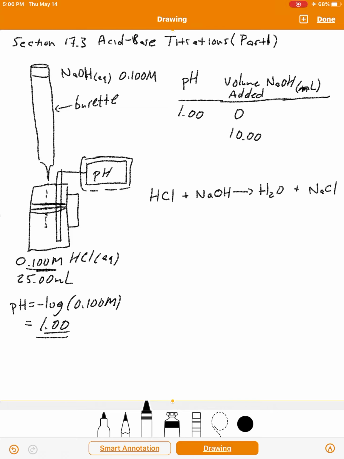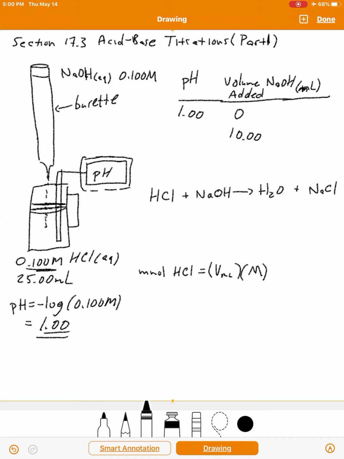Now what I'm going to do is calculate how many millimoles there are of each reactant that we're mixing together. So I'll do that right here. Millimoles of HCl. Now, the way you do this is you take the volume, which is in milliliters, and you multiply that by the molarity.